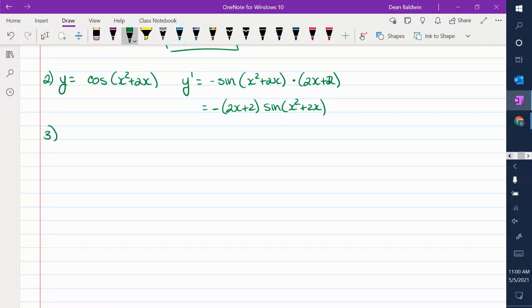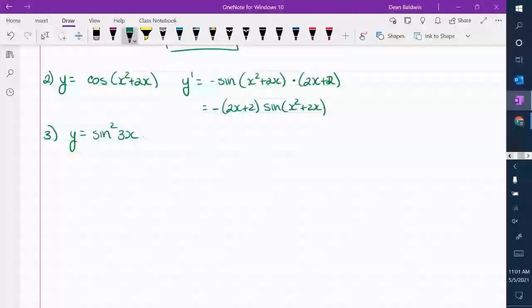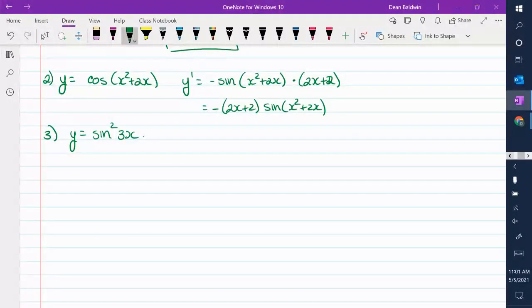Number 3. So this is where you need to understand the notation. How many functions are there here? I see 2, but is there more?